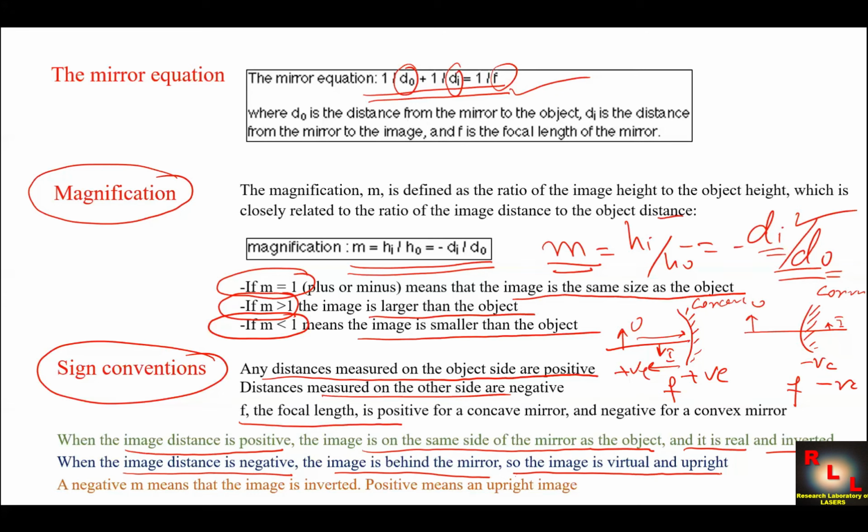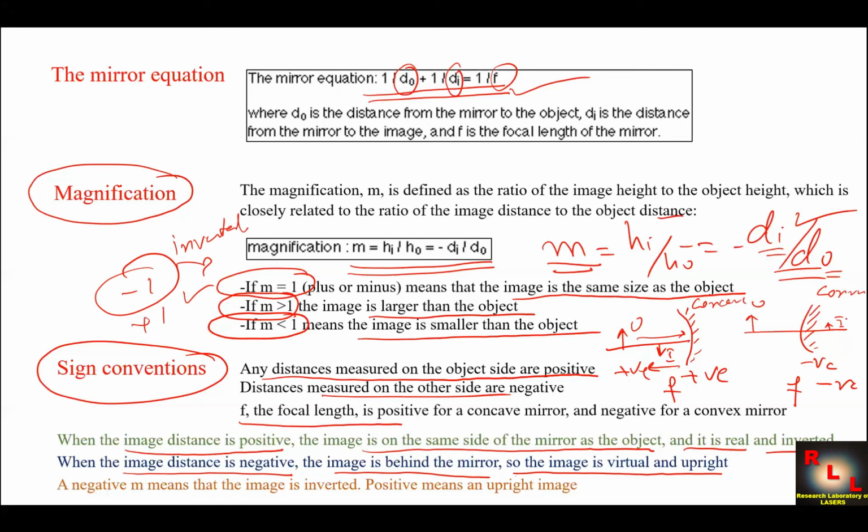If M is negative, then it means the image is inverted. If M is positive, then it means it's upright.